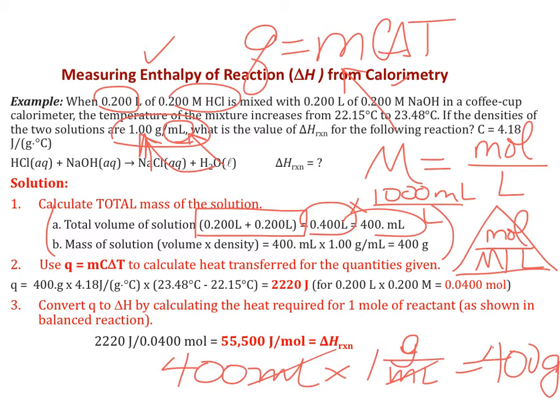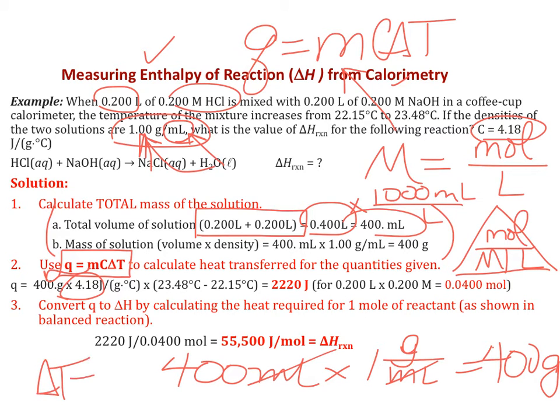All right, so now we know the mass of our entire solution, and we can plug that into our Q = mcΔT equation. So mass is 400 grams. Again, you will always be given the specific heat capacity of water, or whatever you're working with, 4.18. And what is the delta T for this reaction?